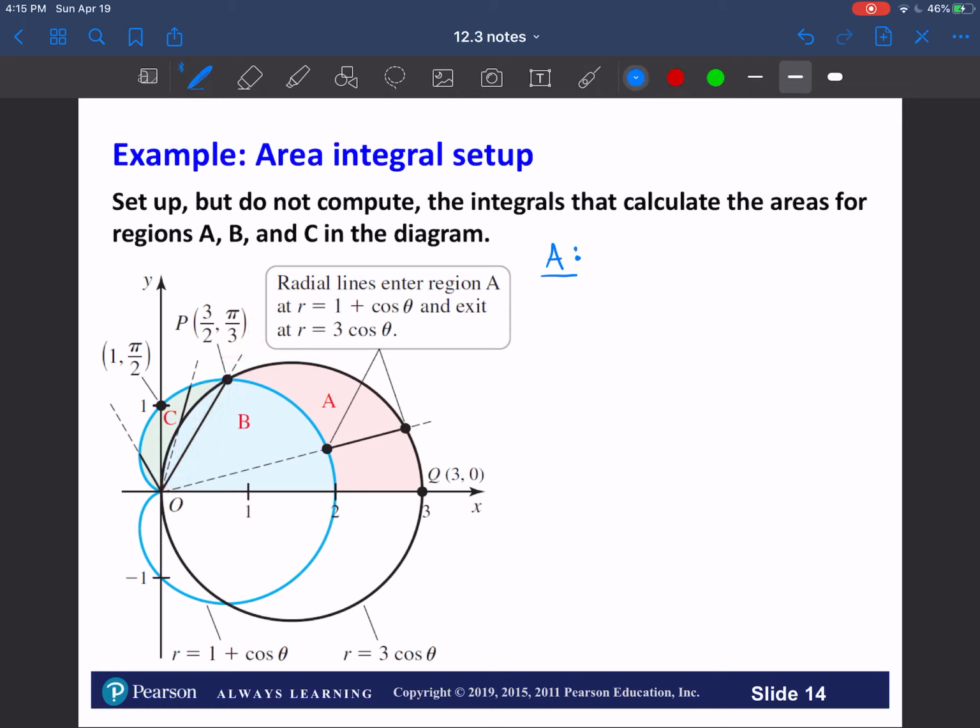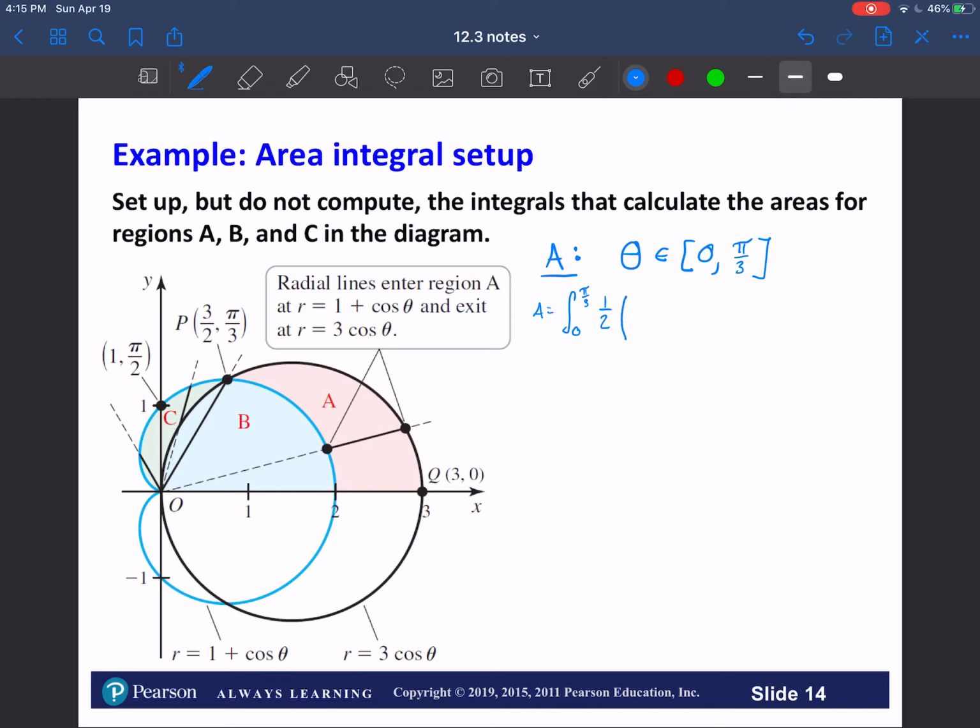So theta is between 0 and pi over 3. Those should be our bounds. So therefore, the integral is going to be 0 to pi over 3 of 1/2.